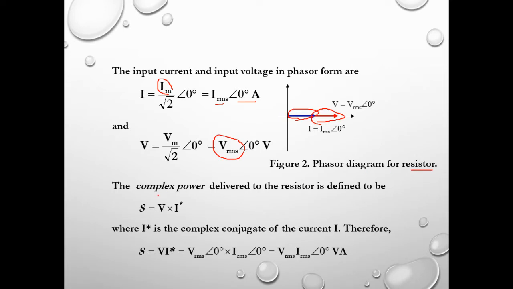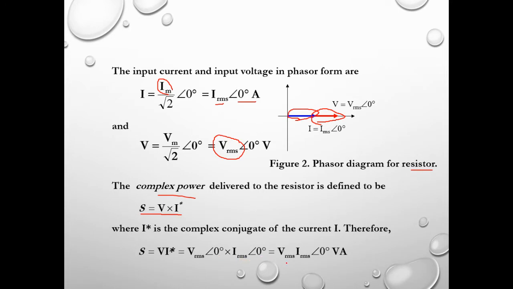The complex power delivered to the resistor is defined to be S equal to V times I conjugate. What's the meaning of I conjugate? It's the complex conjugate of the current I. Therefore S equal to V I conjugate equal to V RMS 0 degree multiplied by I RMS 0 degree.